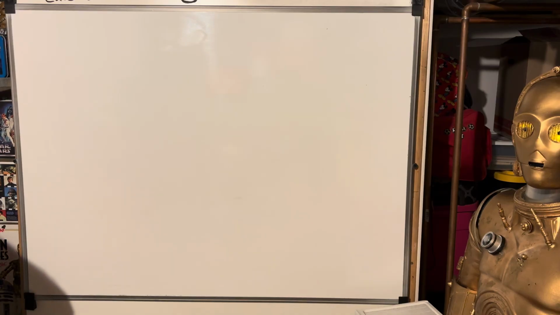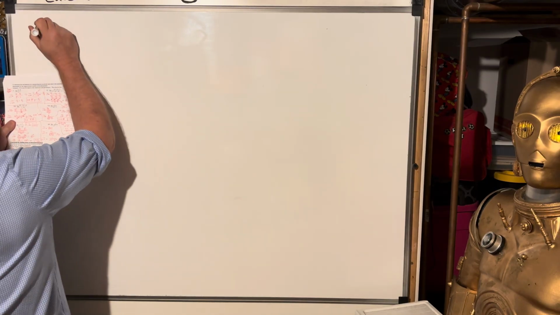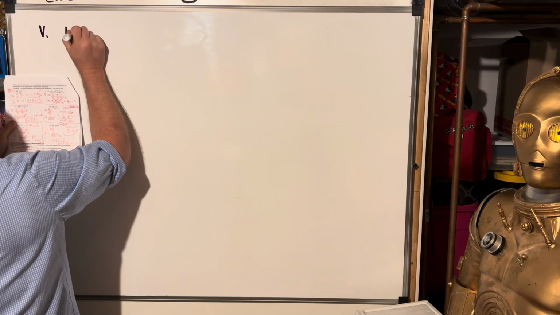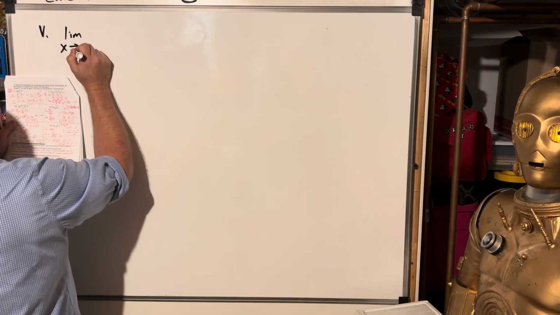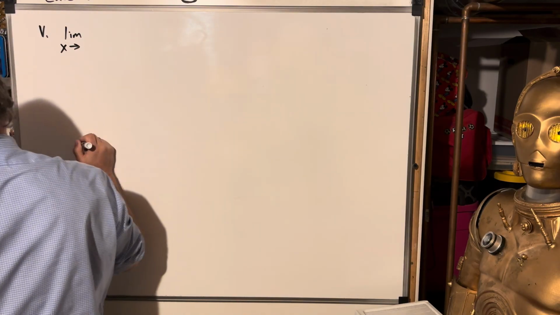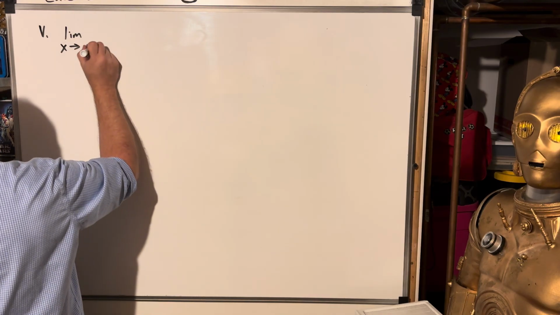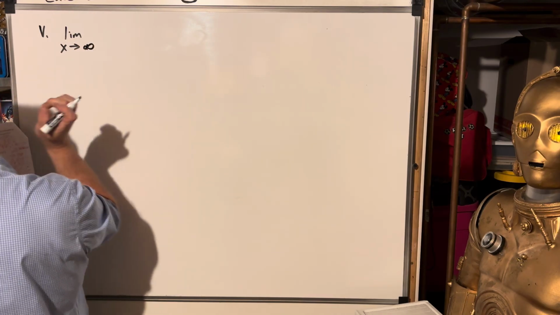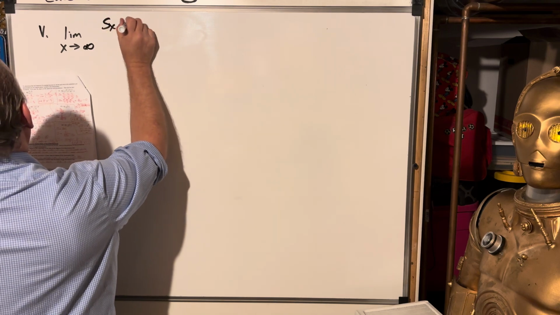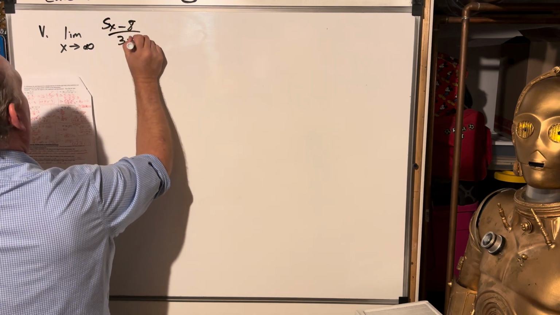All right, so the limit as x approaches positive infinity. A lot of times, if it's positive infinity, you can just say infinity. 5x minus 8 over 3x plus 1.